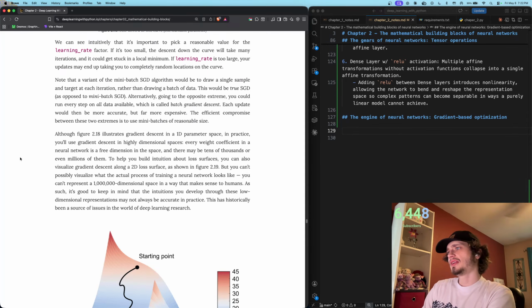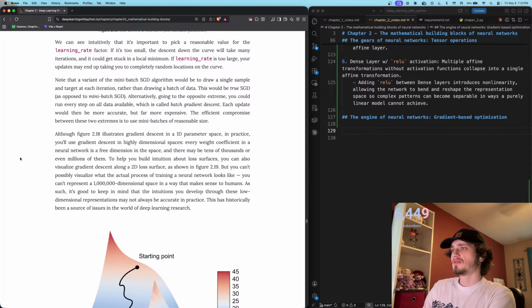Although figure 218 illustrates gradient descent in a 1D parameter space, in practice, you'll use gradient descent in highly dimensional spaces. Every weight coefficient in a neural network is a free dimension in the space, and there may be tens of thousands or even millions of them. To help you build intuition about loss surfaces, you can also visualize gradient descent along a 2D surface, as shown in figure 219.